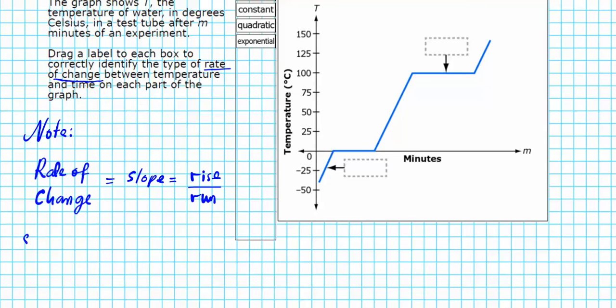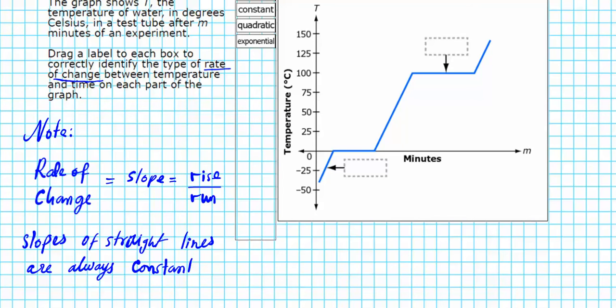Okay, so slopes of straight lines are always constants. They never change.